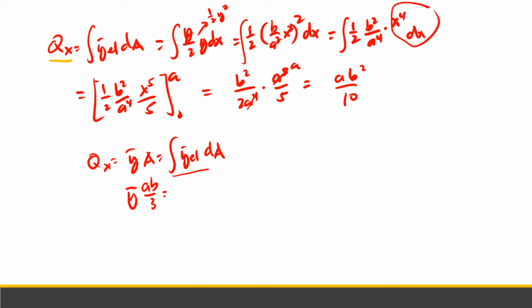Integral of y bar EL dA is AB squared over 10. Okay, so simplify the equation. This will give us y bar is equals to, so 3 over 10. Magka-cancel out yung A. Matitira lang is isang B. So 3 over 10 B. So this is for the y bar.